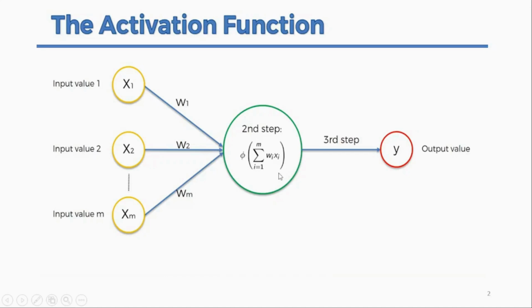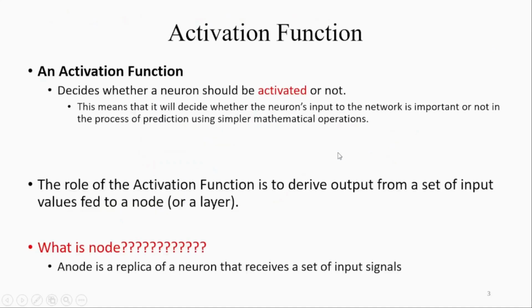There are some criteria for how the activation function decides whether these inputs will be fired, meaning processed to the next node or not. So what you have to note is that the activation function is used to decide whether the neuron's input to the network is important or not.